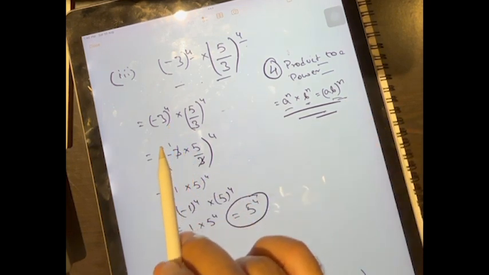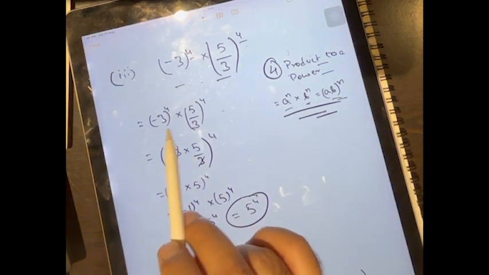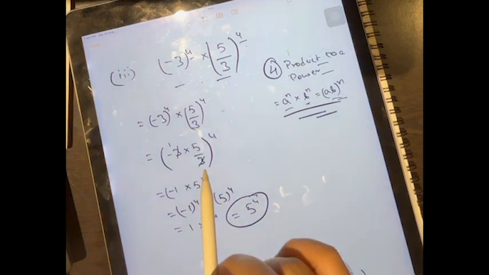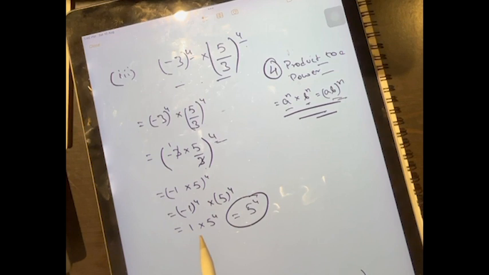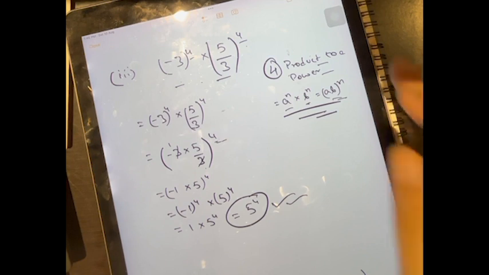And then we have done the same thing. We have multiplied minus 3 with 5 by 3 with the common exponents, and after doing the basic math, your answer is 5 raised to the power of 4. We will now move to the next question.